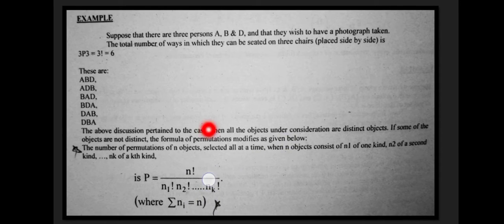If some of the objects are not distinct, the formula of permutations modifies as given below. The number of permutations of n objects selected all at a time, when n objects consist of n1 of one kind, n2 of a second kind, nk of kth kind, then we will use this formula.